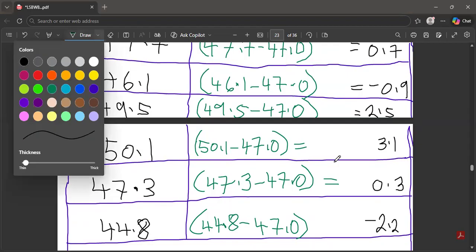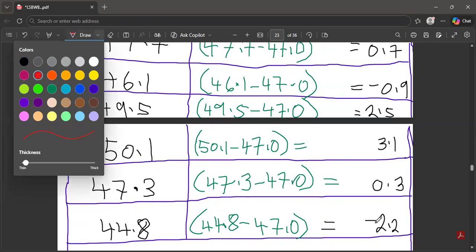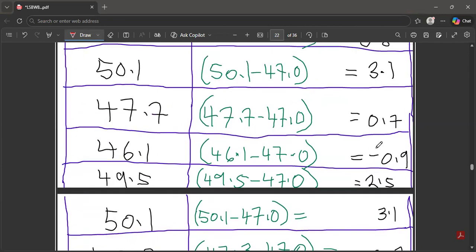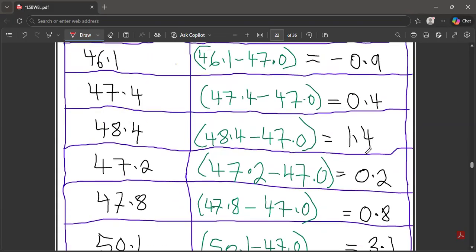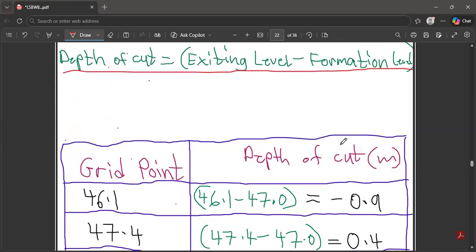As I was saying, the negative ones, we will not consider them. Like these two people over here, the ones that we had the negative answers, this guy and also this guy, we will not consider them in our calculation. But the rest we will consider. Now we are going to calculate the average depth of cut.